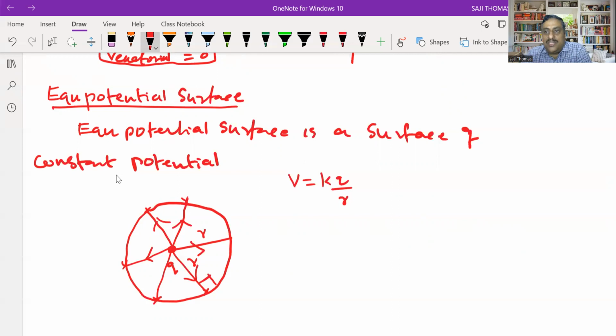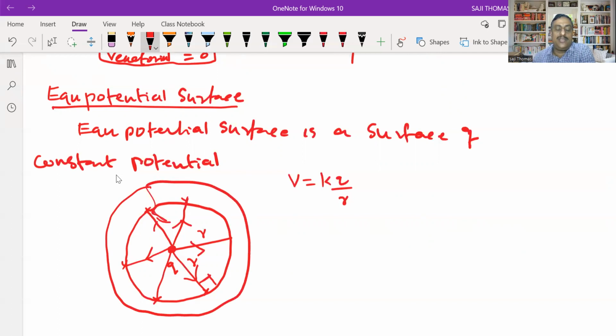When you consider a point charge, surrounding it there are many equipotential surfaces. For a point charge, an equipotential surface is a spherical surface. I can draw many spherical surfaces around a point charge.